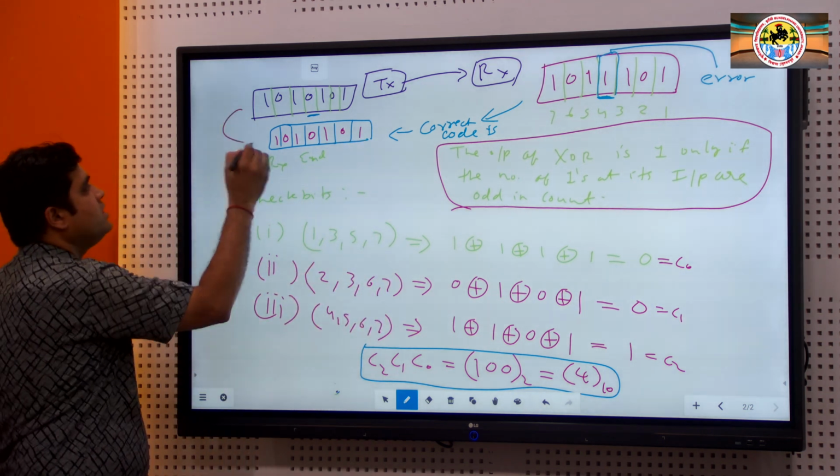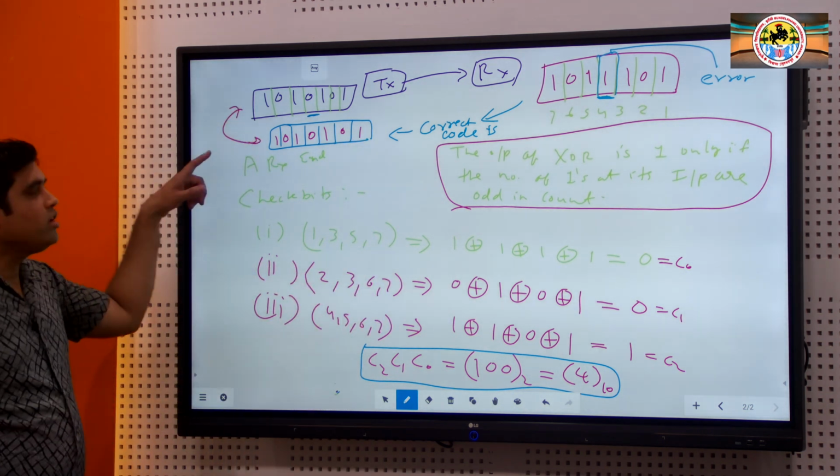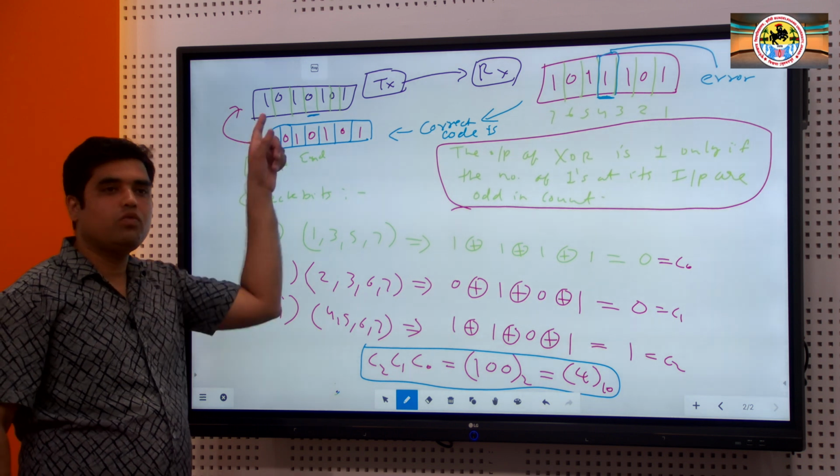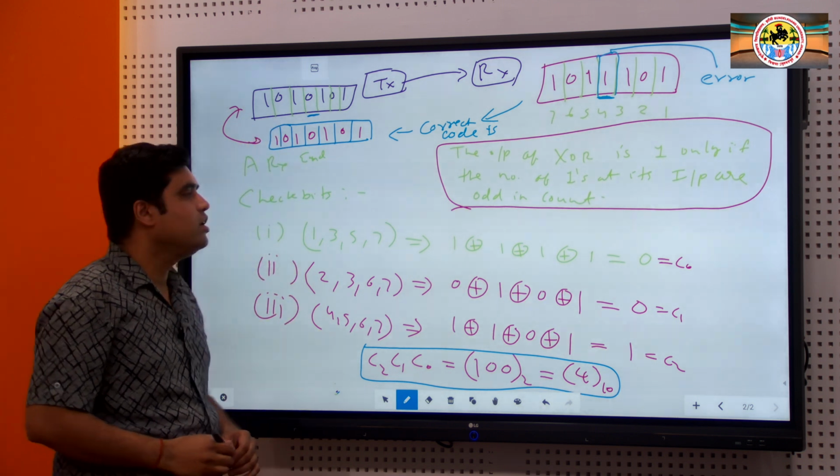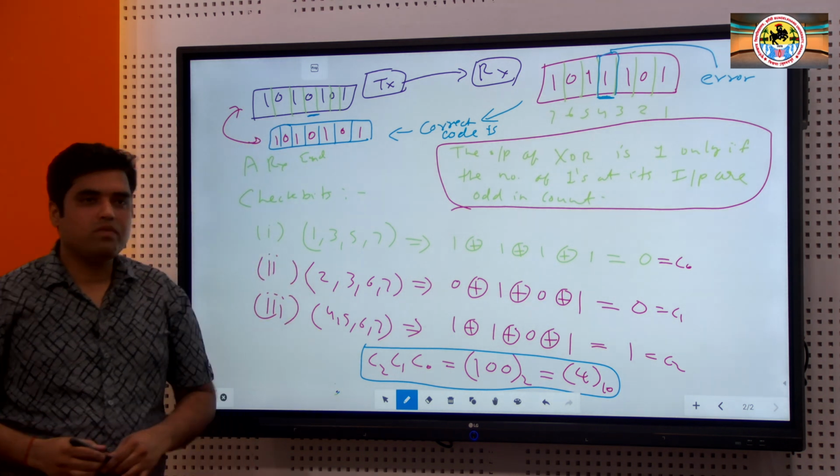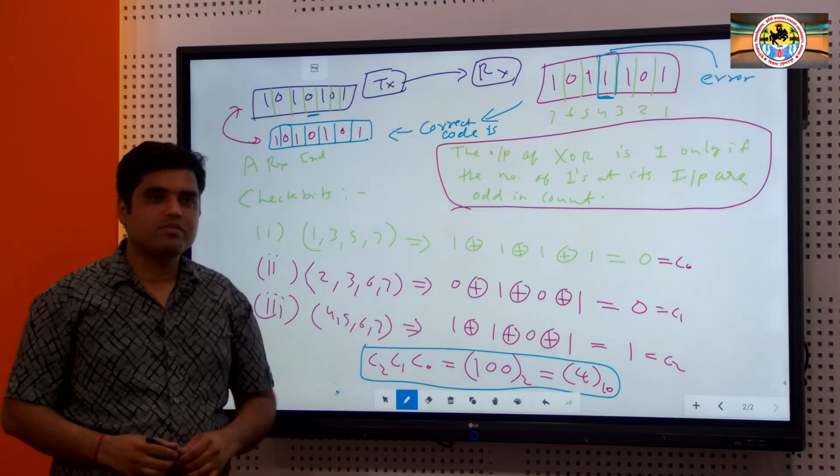So, we can see we got the exact format which was transmitted from the transmitter. Here we have completed the topic Hamming code. Thank you very much.